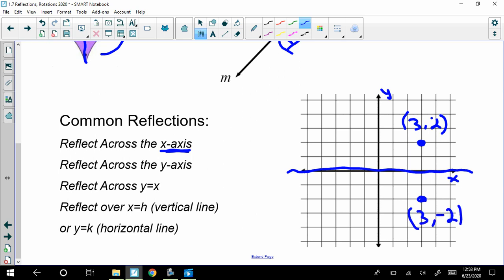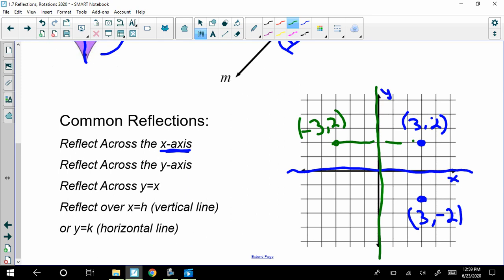So our x stays the same and our y changes. Reflecting about the y-axis, here's the y-axis. This point is now going to go the other way. Notice this one is 3 units away from the y-axis, so we go 3 units away on the other side. So we're going to be at negative 3, 2.